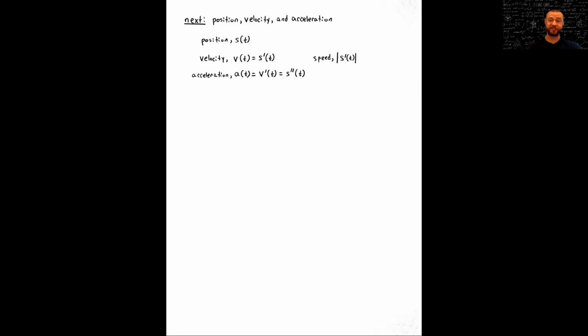But since velocity is itself a derivative, we can write the acceleration as the second derivative of position. All right, so that's important for our course. s of t denotes the position, s prime denotes the velocity, and s double prime, a second derivative, denotes the acceleration.